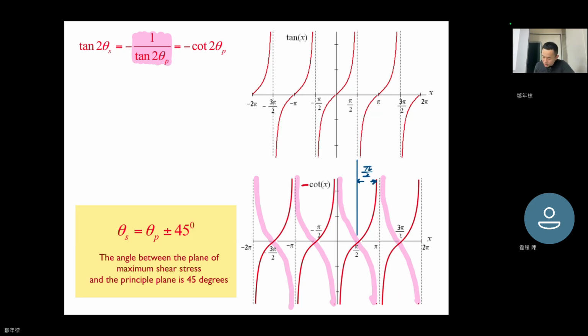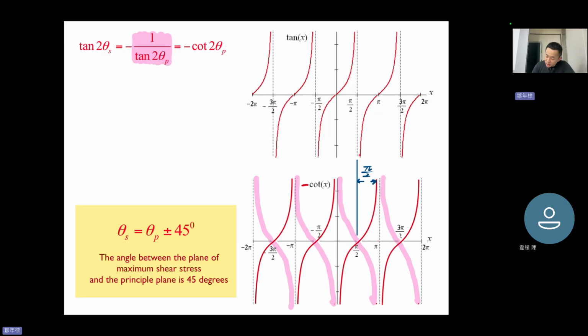Okay, so you see this curve, if you move forward by half pi, it becomes this one, right?